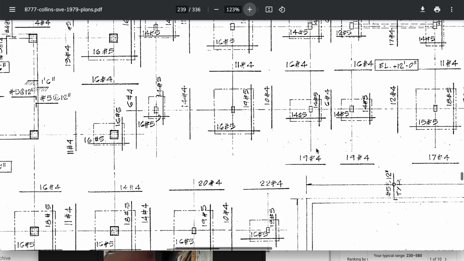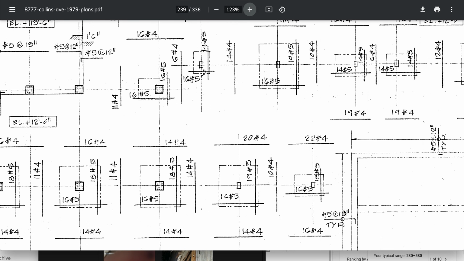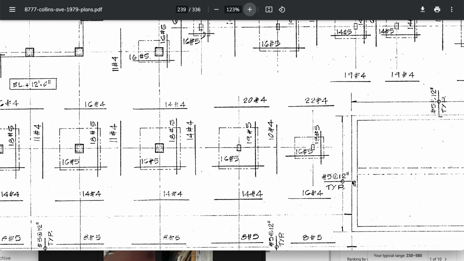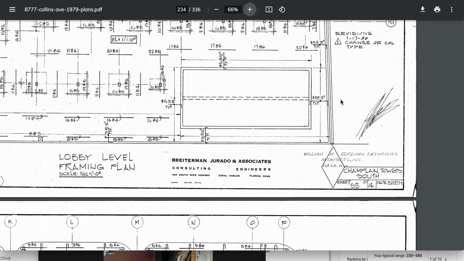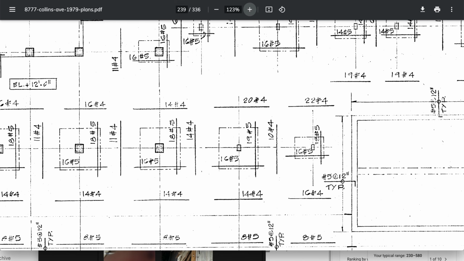We just try to see what changed, if anything at all. Here is how they tie into the deck, the pool deck. They tie in with 5 number 12s, so 5/8 number 12s typical, as page 239, and 217.